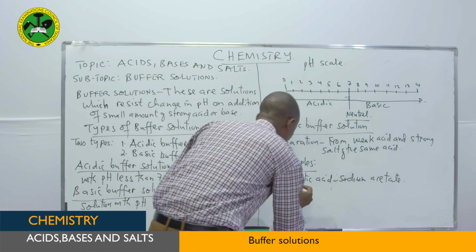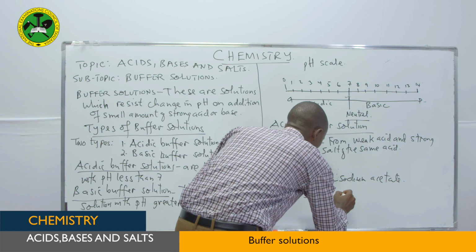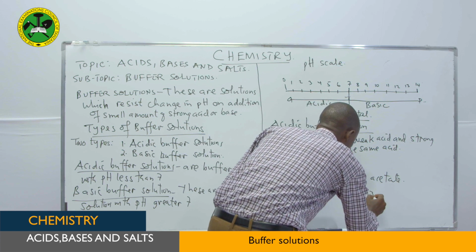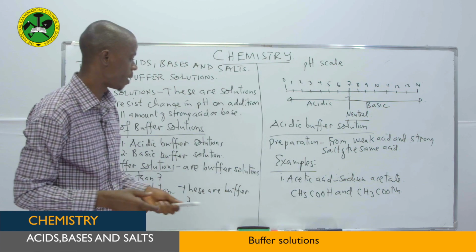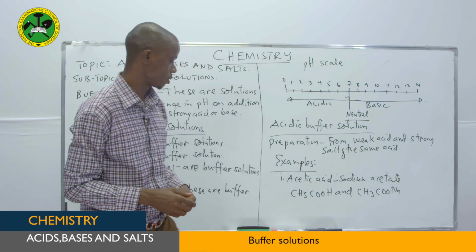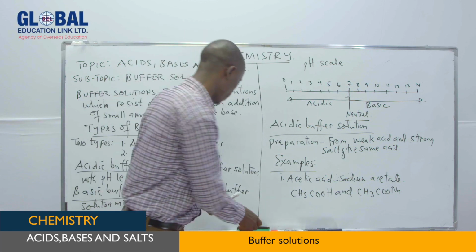So by writing, you can have this one, by writing the chemical formula of these two compounds. So this is one of the examples of acidic buffer solution.